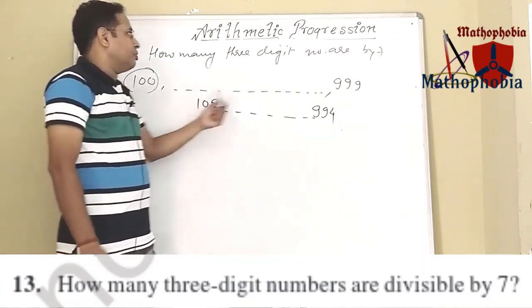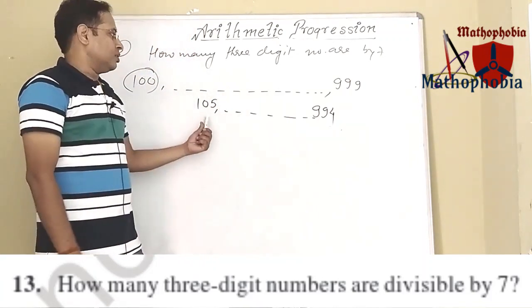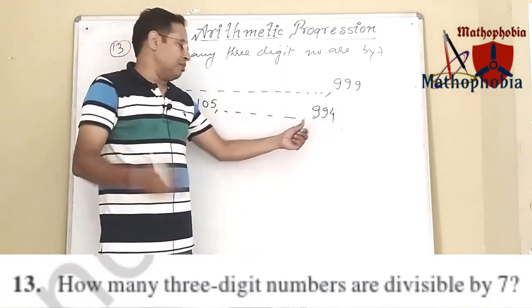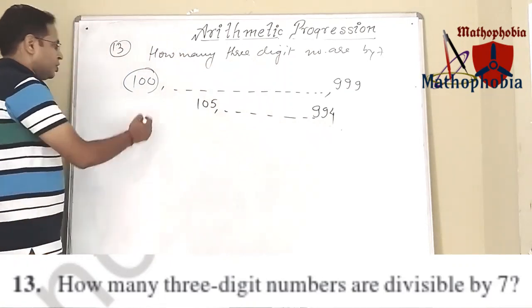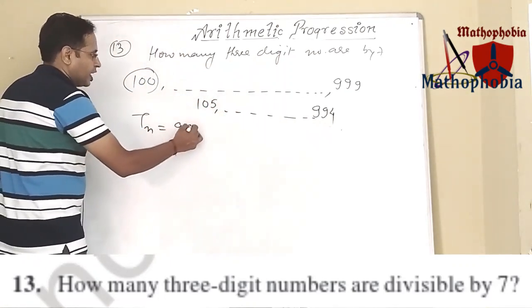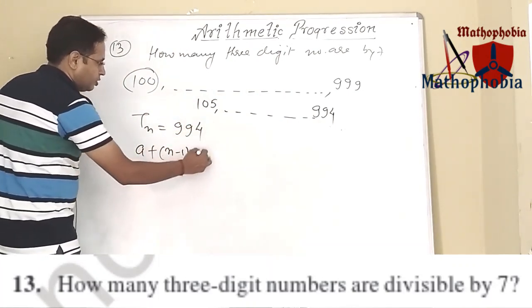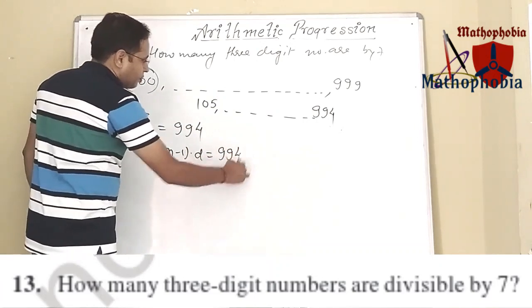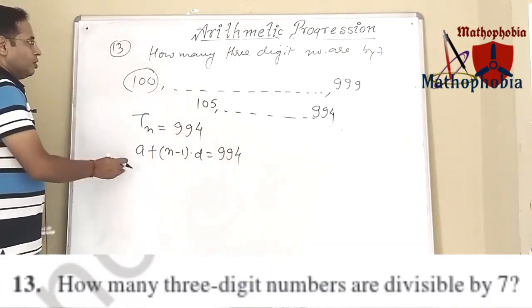Then we need to find how many 3 digit numbers are divisible by 7. So we have the sequence, the first term and the last term, and the common difference will be 7 since the numbers are divisible by 7. The last term of this sequence is 994. So we'll put the formula A plus n minus 1 into D equals to 994. What is the value of A?